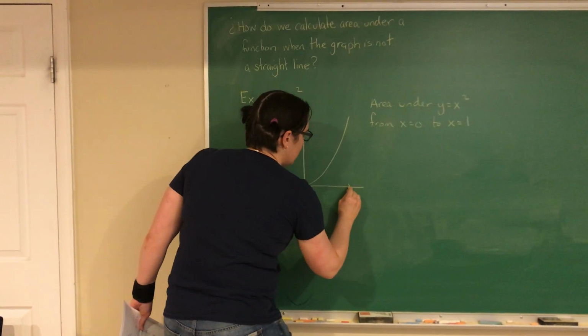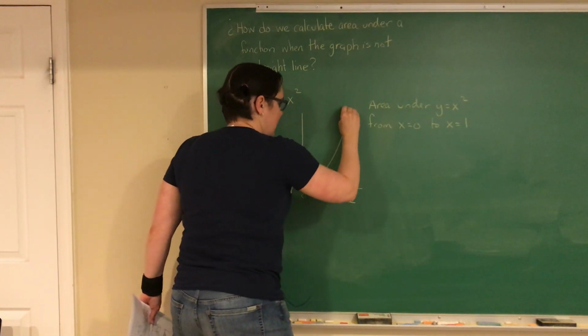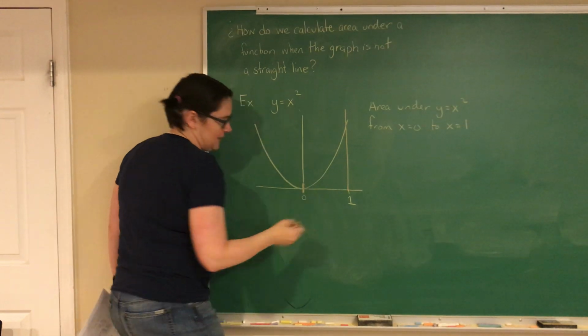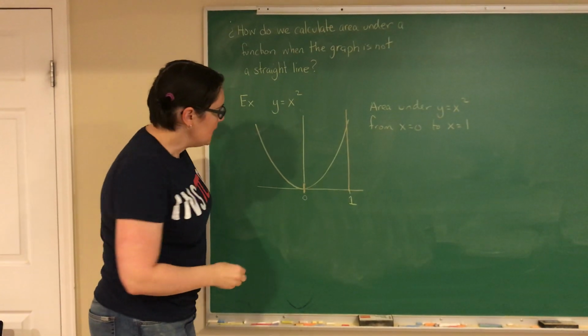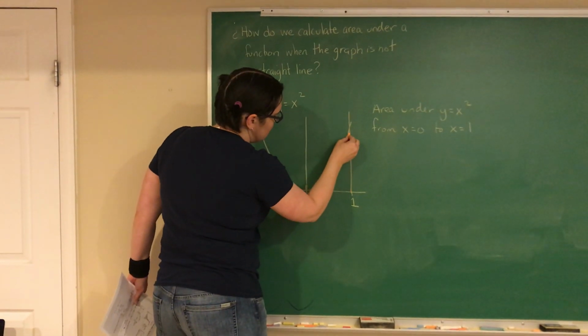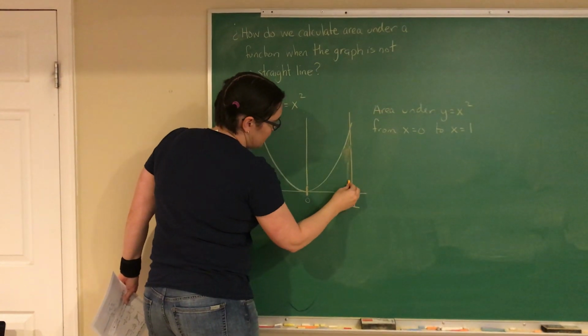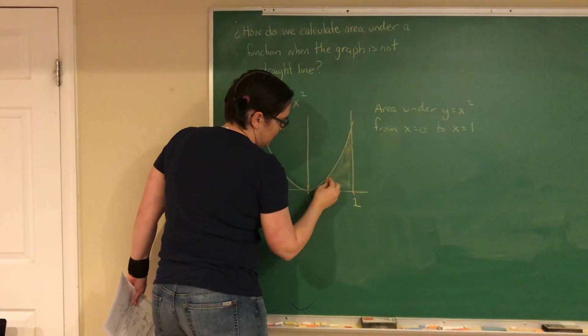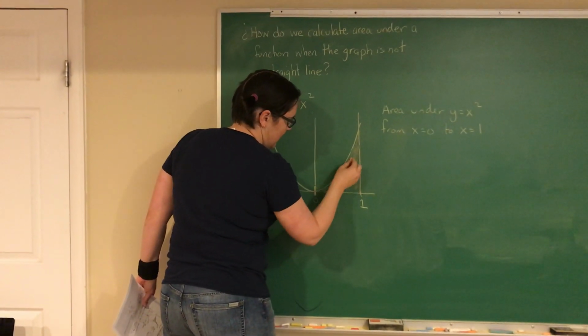And so the area that we're talking about, I'm going to draw a vertical line. Now at x equals 0, that's where the graph touches the x-axis, so I don't really have much of a vertical line there. But the area that I'm talking about is this shaded region under the graph, above the x-axis, and between an x value of 0 and 1.